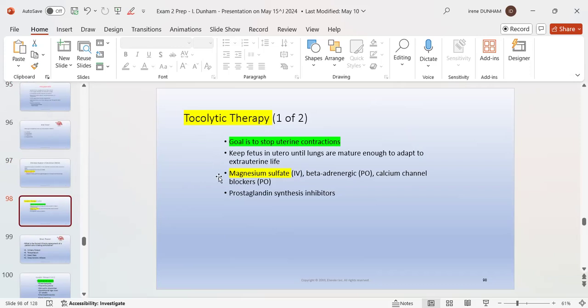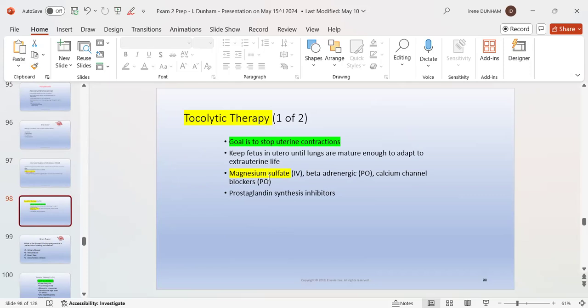The drug of choice that we use is called magnesium sulfate. Now you say, I know that drug, we give that to a lady who's got preeclampsia. Yes, same thing, because magnesium is a central nervous system depressant. So it kind of depresses everything, all the different muscle fibers.